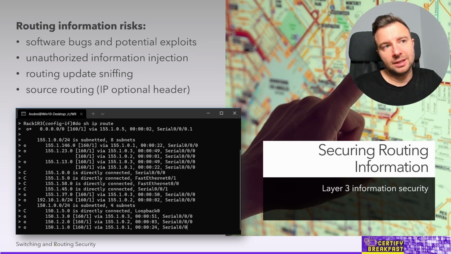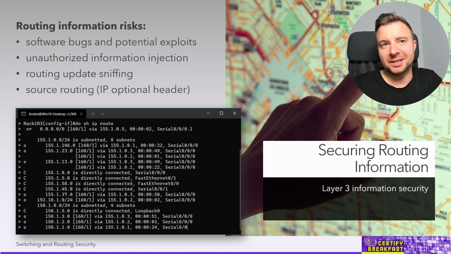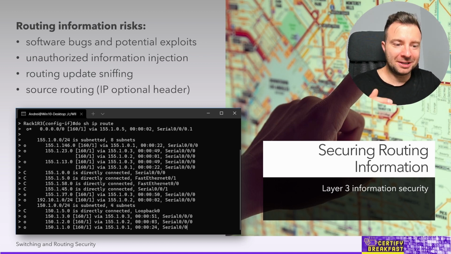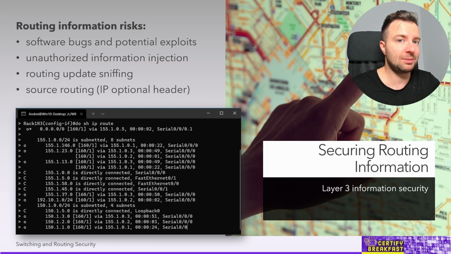Finally, last risk that's worth mentioning here, or maybe not even worth mentioning actually, is source routing. Now, normally IP packets are being routed by the destination because they're supposed to reach a certain destination. So each and every router along the path is going to look at the destination IP address in order to determine where to send it next. There are certain IP options that can be enabled in the IP header that can enable source routing.